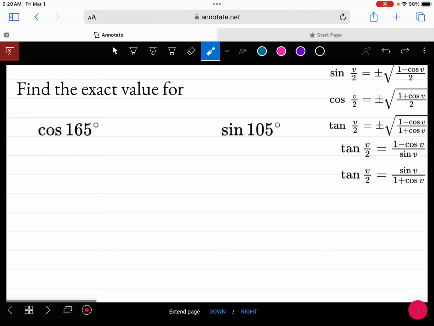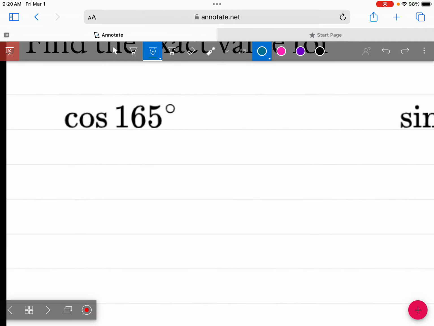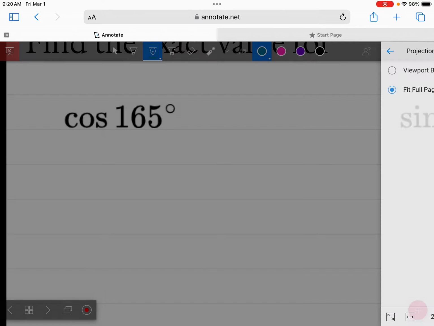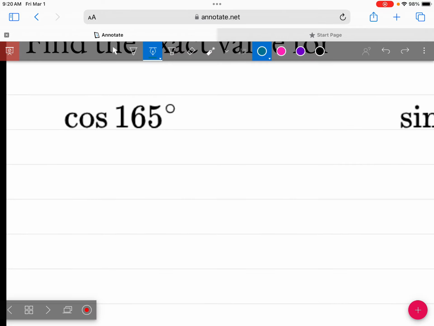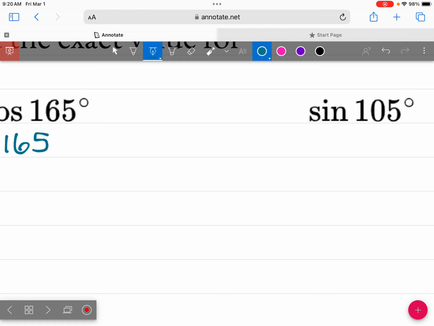Is that one we know? Yeah, it sure is. So if we set V over 2 to be 165, that means that V is 330. 330 we know. We know a lot of stuff about 330. That's on the unit circle.